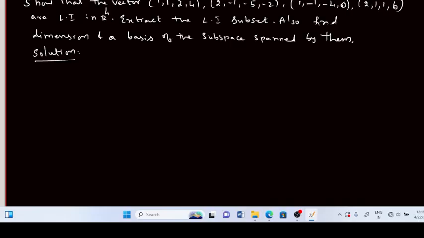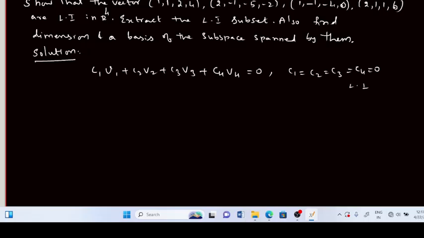Here we know that span means the linear combinations. So we must check the linear independence. Linearly independent means the combination c1 v1 plus c2 v2 plus c3 v3 plus c4 v4 gives 0 only if all the values c1, c2, c3, c4 equal 0.